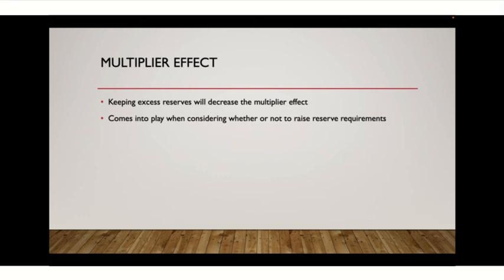For example, if the Fed buys back bonds for $1,000, the banks have to keep a 10% reserve requirement, and they're only going to lend out $900 worth of that $1,000. And so the number that MPC is going to be multiplied by is going to be lower. It's going to be $900 instead of $1,000.